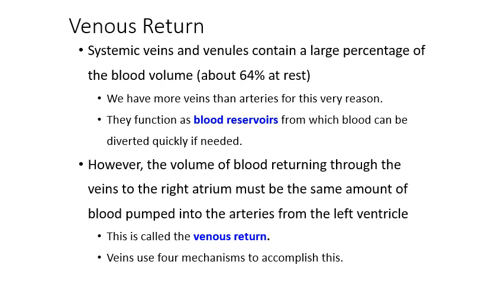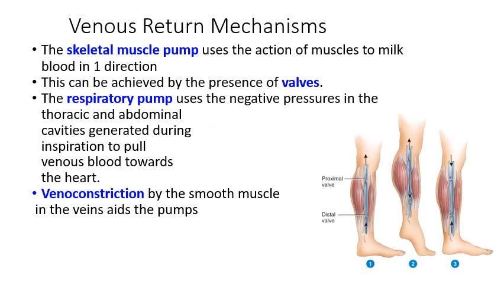But moving blood through the veins can be a little bit tricky because of the pressure differences. Remember that the veins have very, very low pressure, almost none, compared to the pressure that your arteries have. So there are 4 different ways that your veins accomplish getting blood back to the heart.